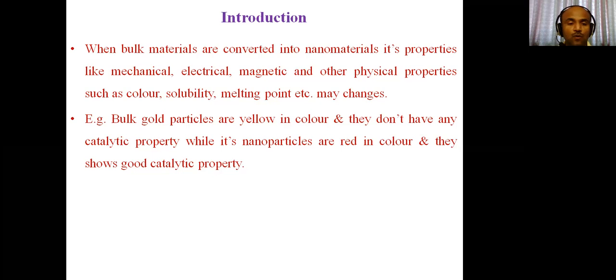The bulk gold particles show catalytic property, while the gold nanoparticle have superior catalytic property compared to the bulk gold particle. The bulk gold particle are not useful as a catalyst, while nano gold particles are used as a very good catalyst in organic transformation.